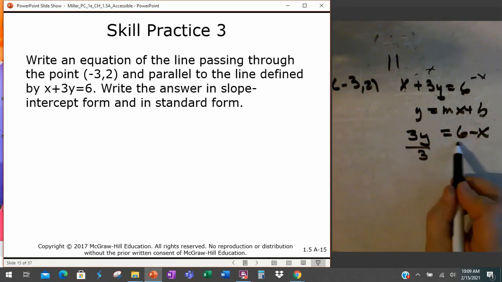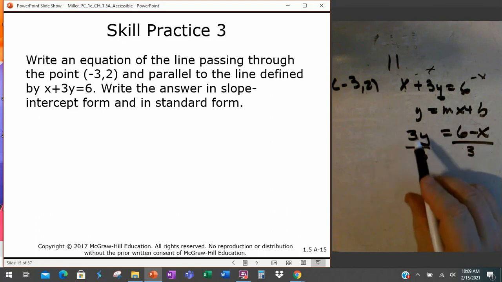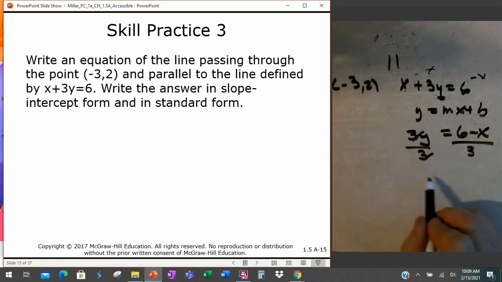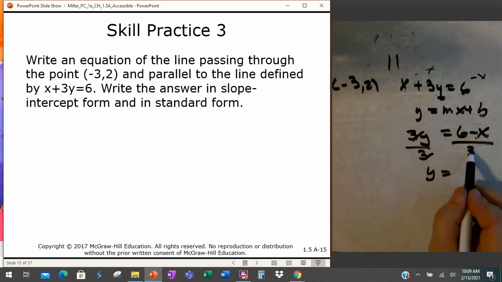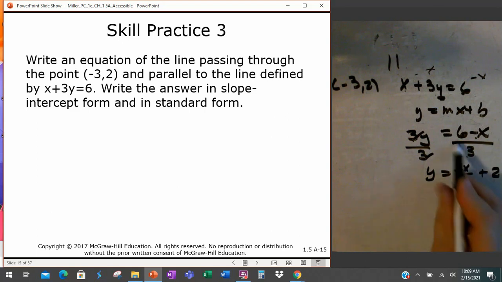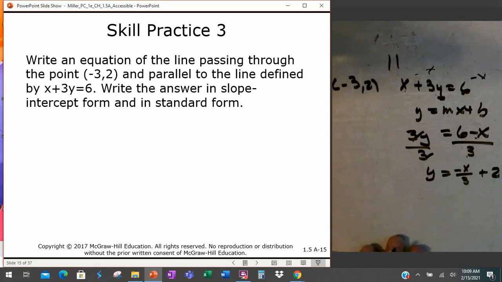And then I want to divide everything by 3. So this is this divided by 3 and that into 3. So minus x over 3, or minus 1/3 x, very same thing, plus 2.